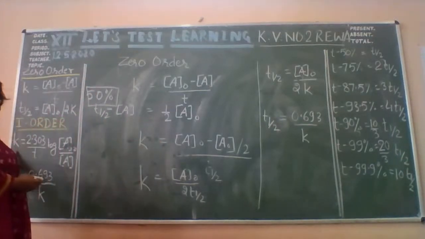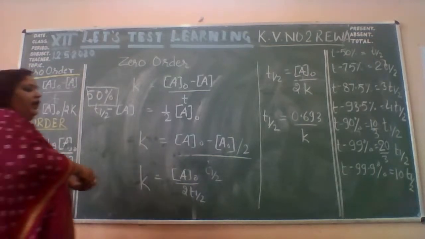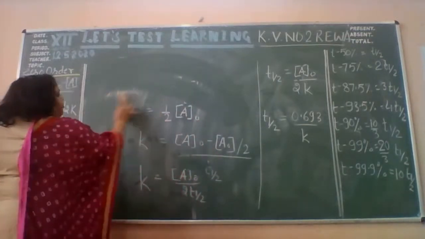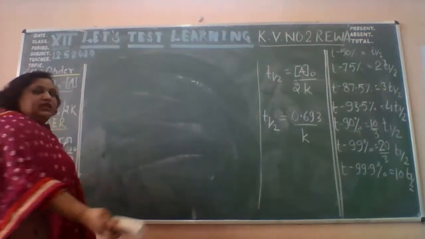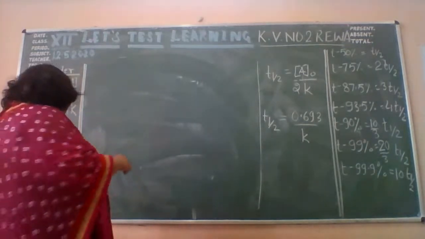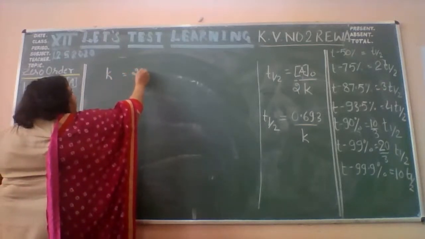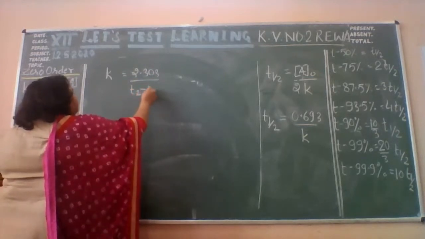The important formula that I'm going to use is for the first order, K is equal to 2.303 upon T log A naught upon A. Again, I just want to show you that it can be written in many forms, right? If you take that the initial time is T1 and the final time is T2, then the form of the formula will be K is equal to 2.303 upon T2 minus T1.